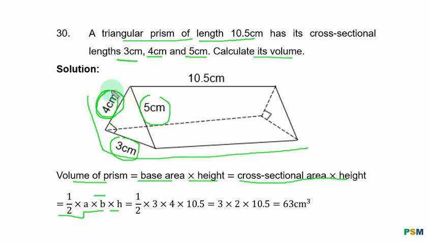So you have 1/2 times the base 3 times the height of the cross section 4 times the length of the prism 10.5. When you simplify, you have this result. After multiplication, you have 63 cubic centimeters.